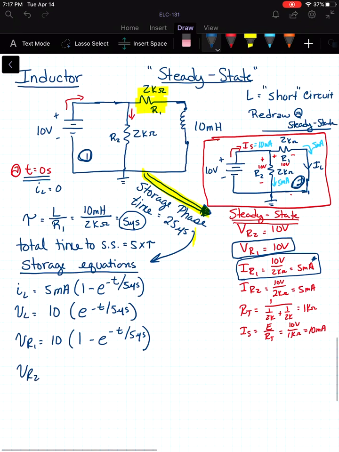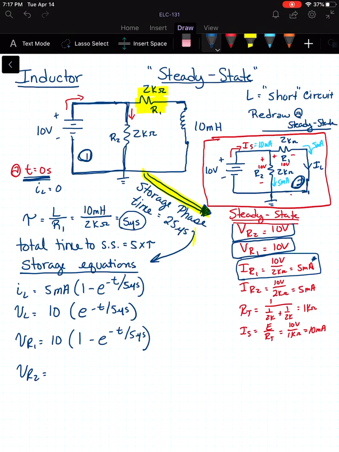And then VR2, I'm going to leave the source current out for just a moment, but what's going on with VR2? Well, we know that in steady state VR2 is going to be 10 volts. However, what's going on at t equals 0 is that once we close that switch, R2 is now in parallel with the source.